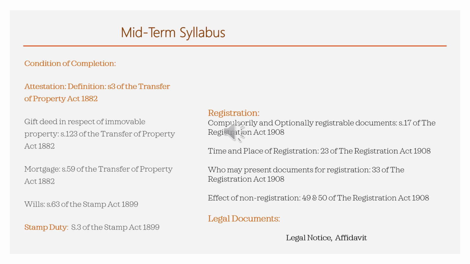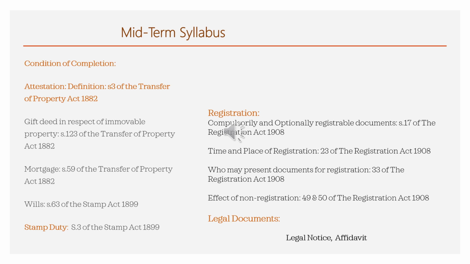Next, we will discuss the conditions of completion of a deed. For this purpose, you students have to remember that when you prepare a deed or a legal document or a legal instrument, you have to fulfill all the conditions or legal formalities for enforcing the specific deed as a valid deed. In addition, a legal instrument or deed shall not be a valid deed unless it is validly executed as a deed.